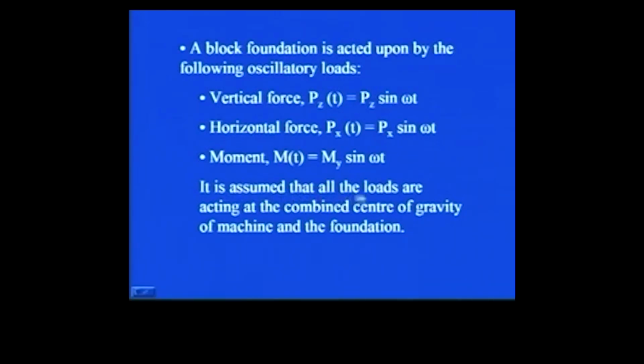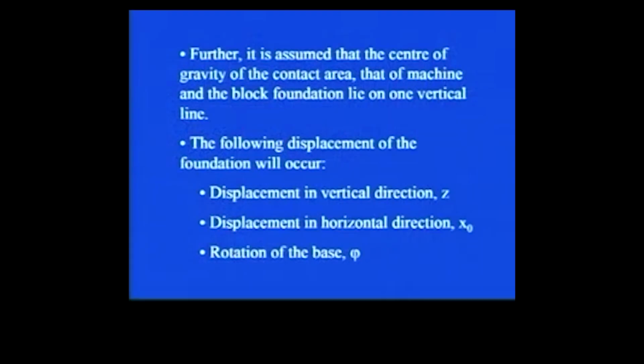It is assumed that all the loads are acting at the combined center of gravity of the machine and the foundation. So the lines of action of all these three forces coincide with the combined CG of machine and foundation. Further, it is assumed that the center of gravity of the contact area and that of the machine and block foundation lie on one particular vertical line, because if there is some eccentricity, then the situation will altogether be different and the mode of vibration will change.